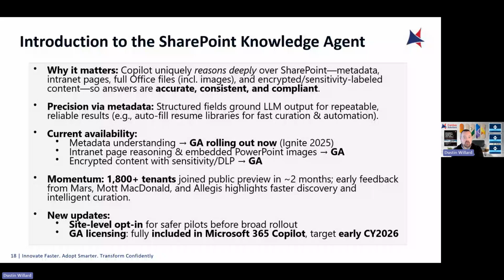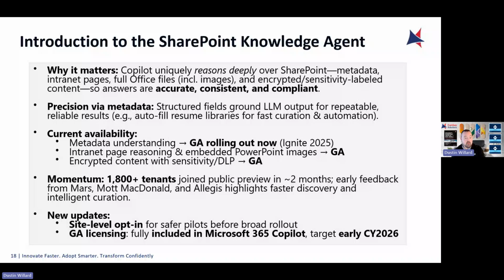Metadata understanding is already GA and rolling. Internet page reasoning and embedded PowerPoint images is GA. Encrypted content with sensitivity labels and DLP is also GA. And the knowledge agent helps all of that stuff get better. So momentum: 1,800 clients have already joined the public preview in 2 months.